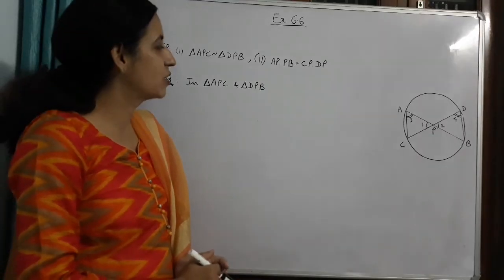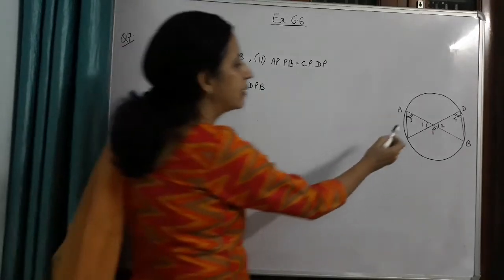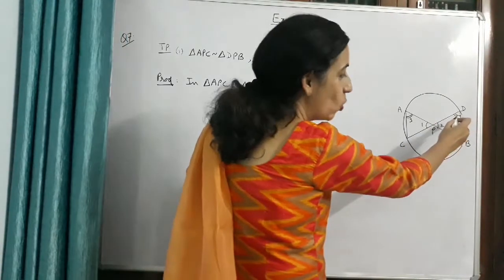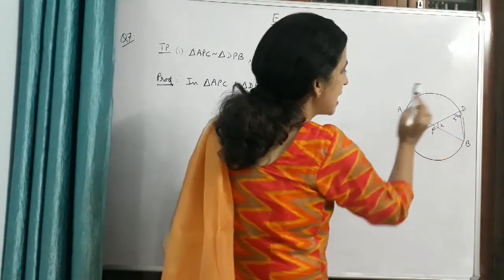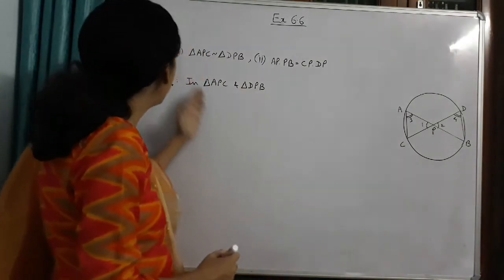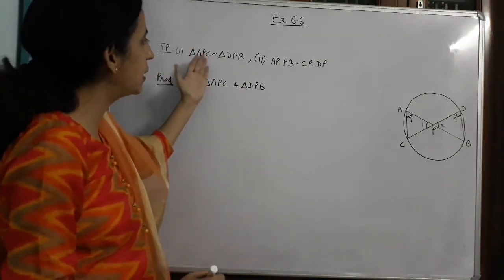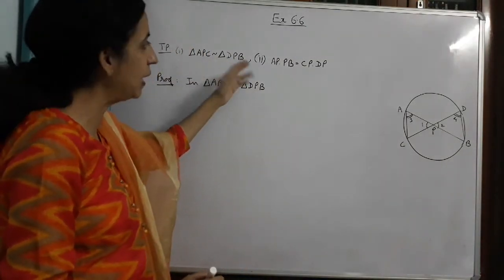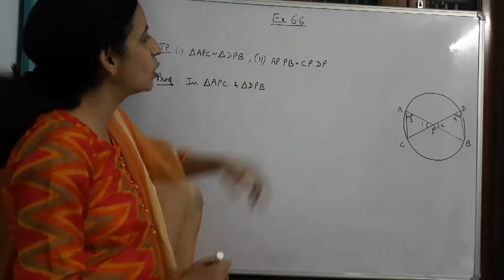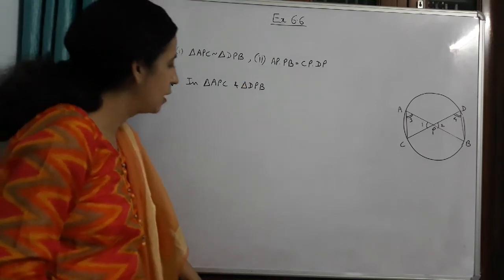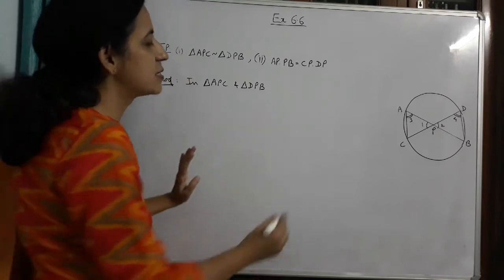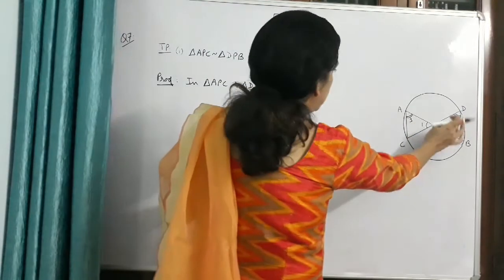In the next question, it is given to us that AB and CD are two chords of a circle which intersect each other at point P, and we have to prove that triangle APC is similar to triangle DPB and AP into PB is equal to CP into DP. So let us take these two triangles APC and DPB.